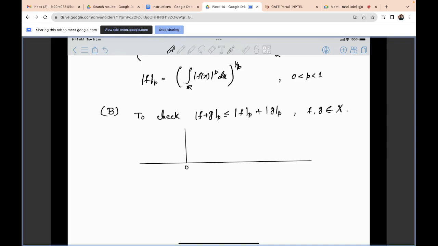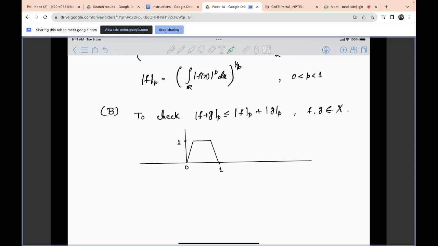Suppose this is 0 and this is 1. So take a function like this. We are basically not taking exactly the characteristic function, and we make it continuous.